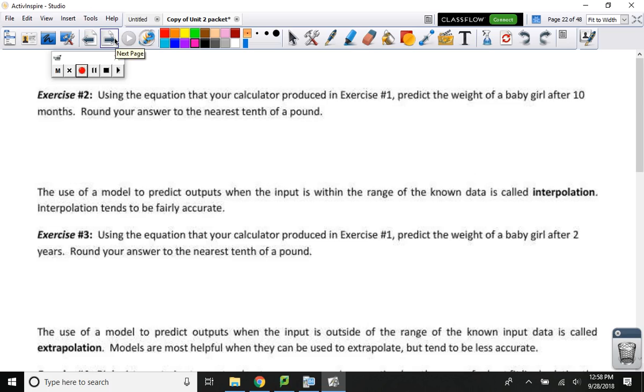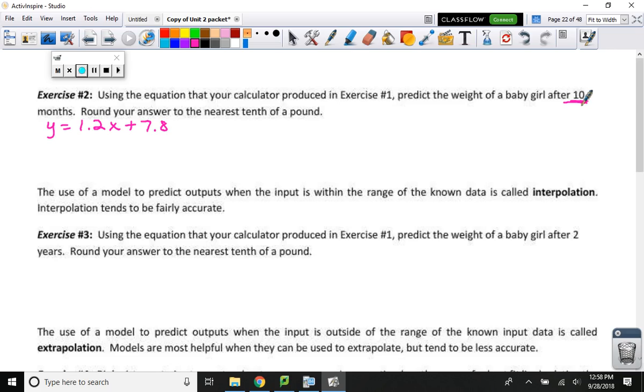Using the equation that your calculator produced in exercise 1, so back to that equation. That's 1.2, so we'll all have the same thing. Predict the weight, so y equals 1.2x plus 7.8. That was the equation we got with our calculator. And this is saying predict the weight of a baby girl after 10 months.